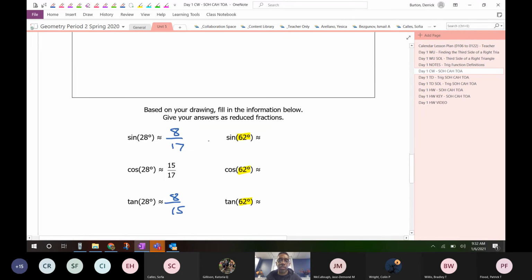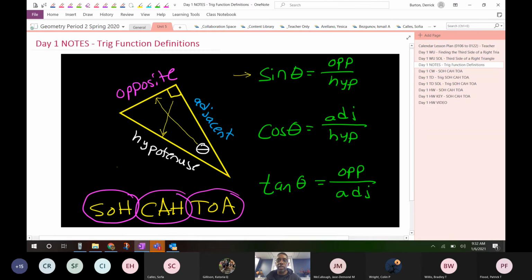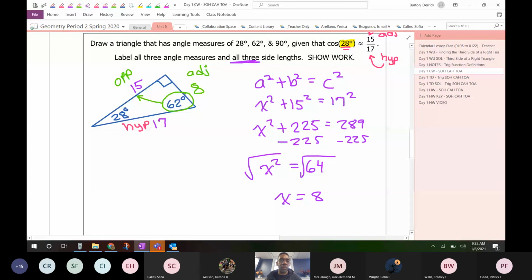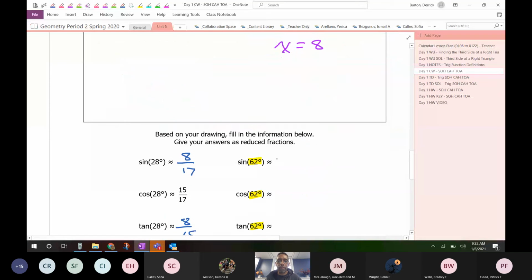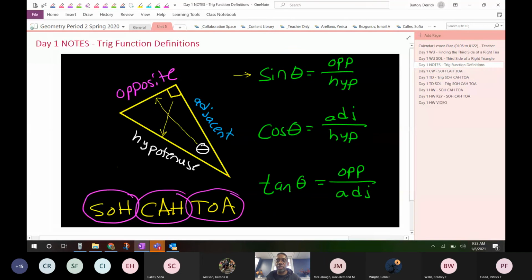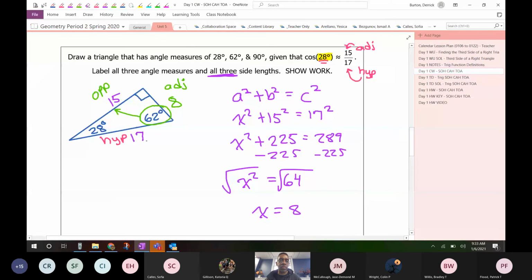Okay, so as we do these last few problems, the sine of 62, and sine is opposite over hypotenuse. So that's 15 over 17. We've got the cosine of 62, and cosine is adjacent over hypotenuse. So that's going to be 8 over 17.